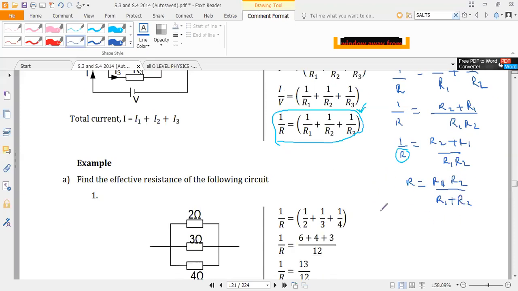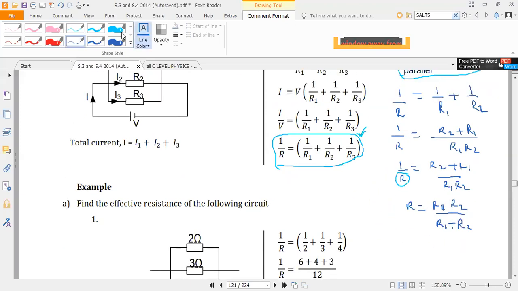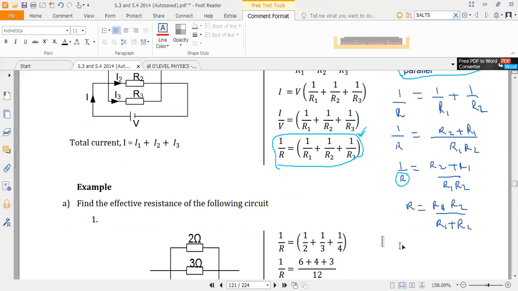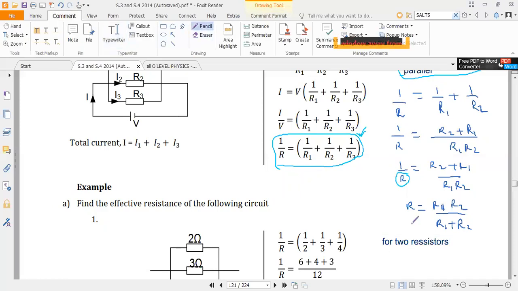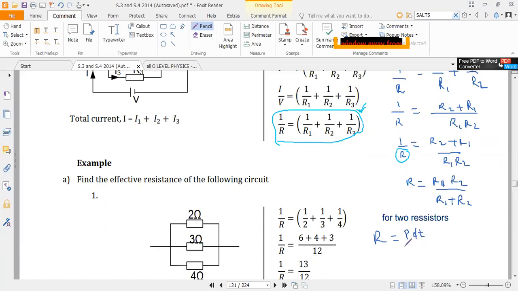This implies that for two resistors which are in parallel, the effective resistance can be given by the formula: effective resistance R is given by the product of the individual resistances divided by the sum of the resistances.